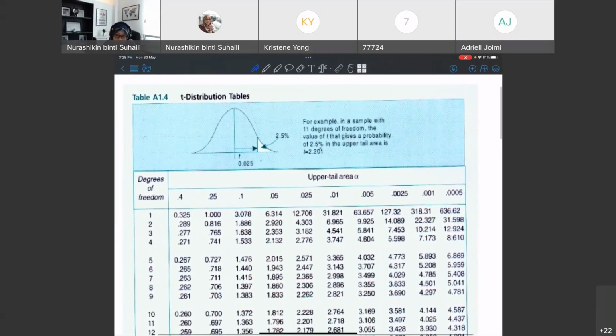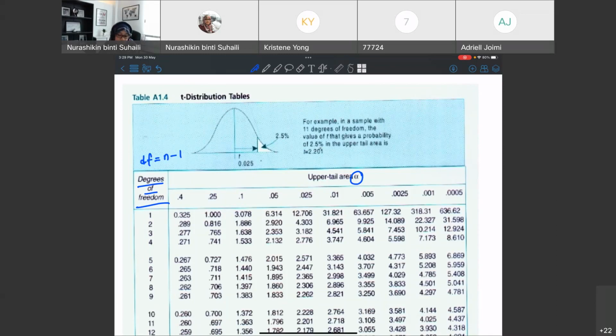So it has alpha, which is the upper tail area, not the alpha given, the one that you set, 0.05 two-tailed. So you have to be a bit careful. And also you have to know the degree of freedom. Degree of freedom is given by the formula n minus 1. So n is the sample size, which is just now 20. So your degree of freedom is 20 minus 1, it's 19.